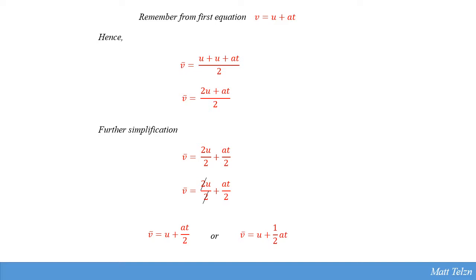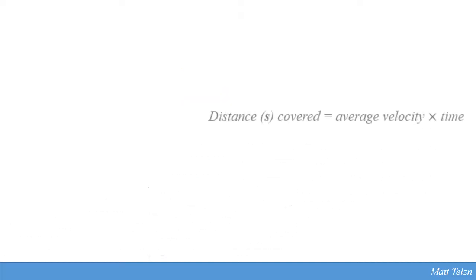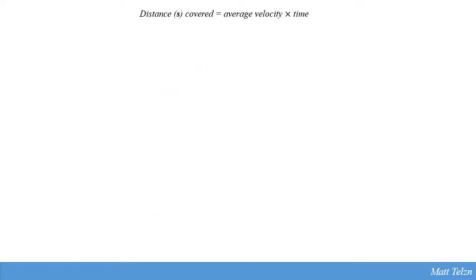That's our average velocity. Remember that the distance covered, s, is equal to average velocity multiplied by the time. We know the formula of average velocity that we've proven, which is u plus half at.